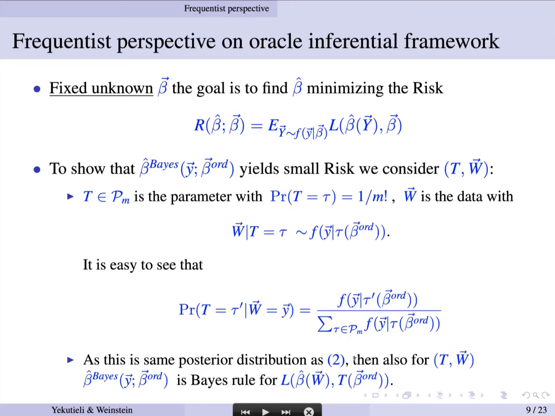If we have the same posterior distribution, and we have the same loss, then we have the same Bayes rule. So this means that the Bayes rule we found before is also the optimal solution for these strange problems on the theta and W's. And what we'll show is that because it's the same problem, it actually has very good frequentist properties.